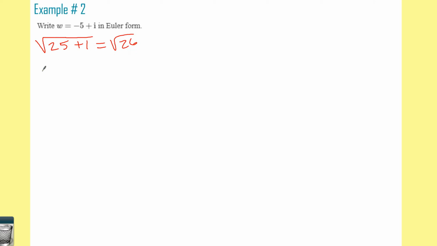And then we can find the angle, so the inverse tangent of 1 over negative 5. We get negative 0.197.